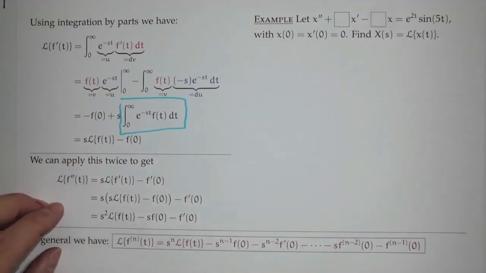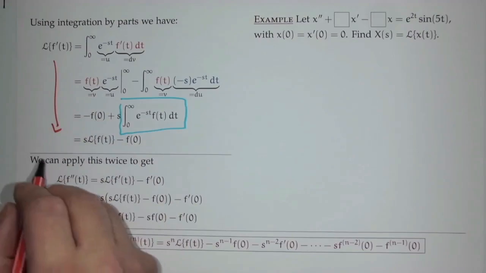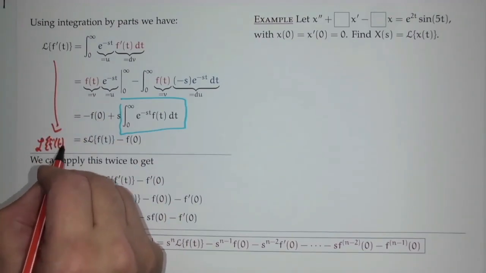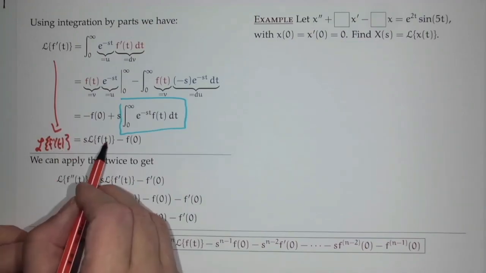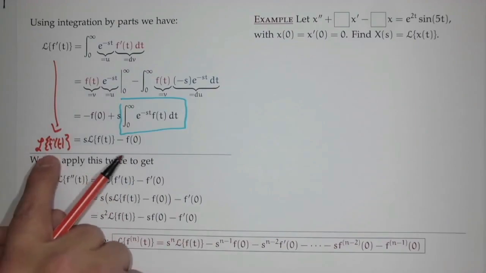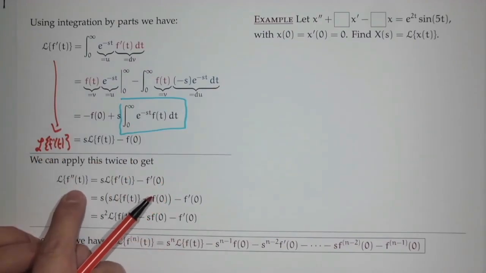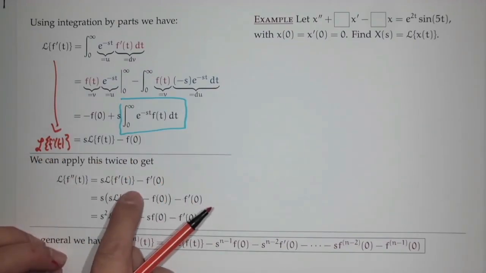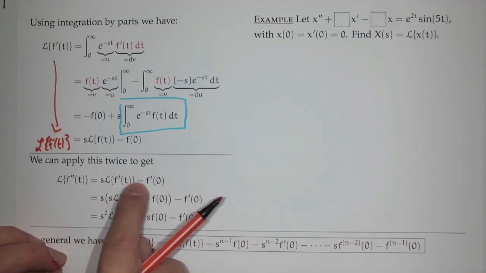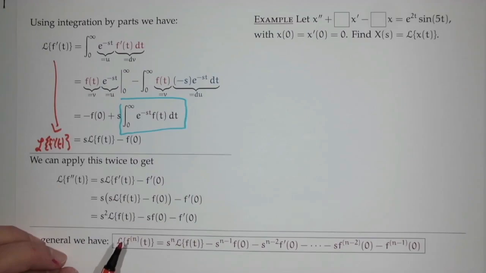If I want the Laplace transform of the second derivative, I can apply the rule. Let me copy this down. The Laplace transform of a derivative is s times the Laplace transform of the function minus the function at 0. Now apply the rule to where the function is the first derivative: s times the Laplace transform of the first derivative minus f prime of 0.